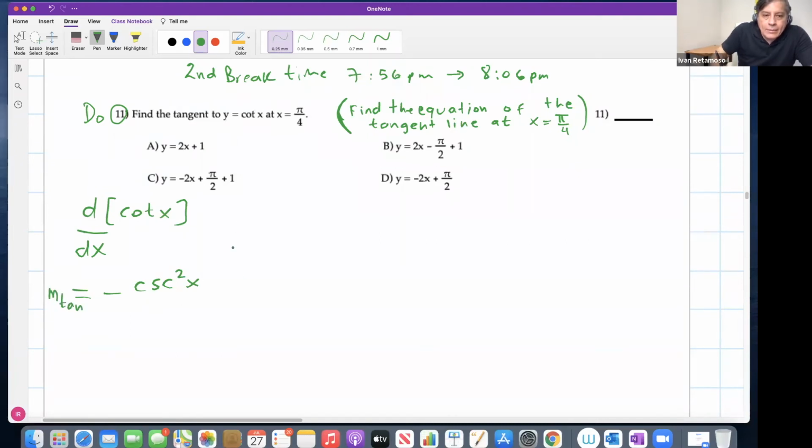Then calculate this somehow using 1 over sine, perhaps, at x equals pi over 4. That will be your slope: minus cosecant squared of pi over 4.